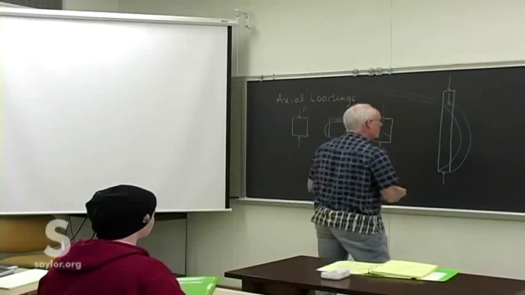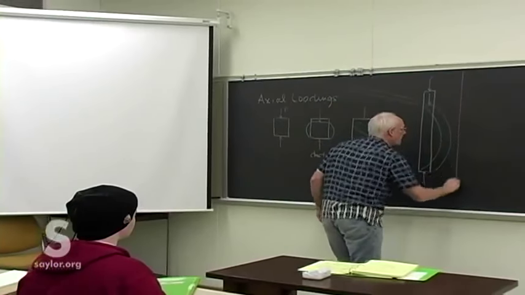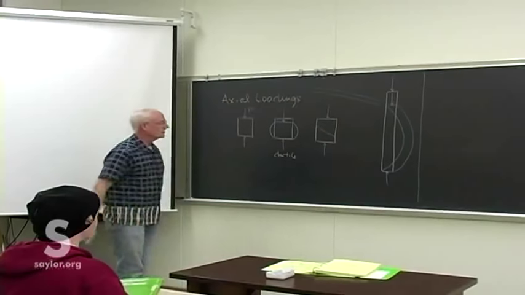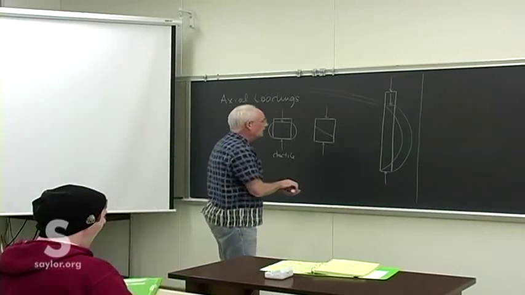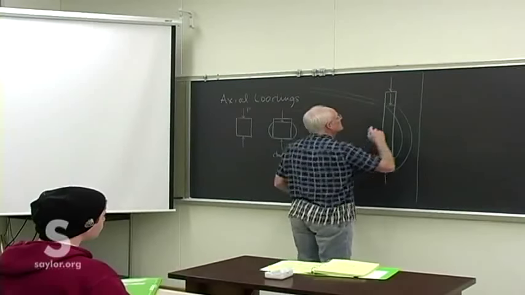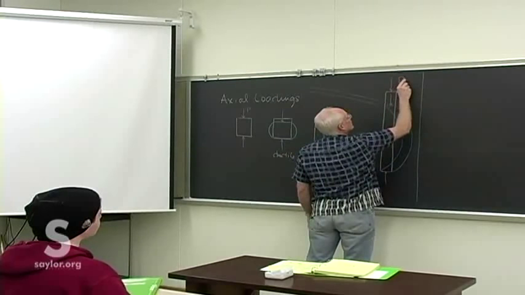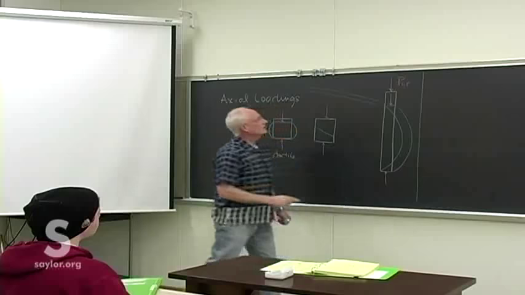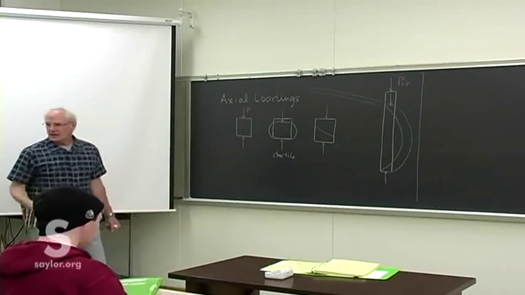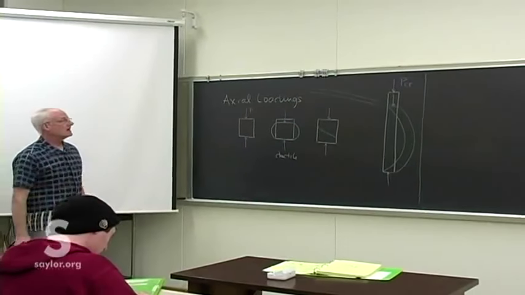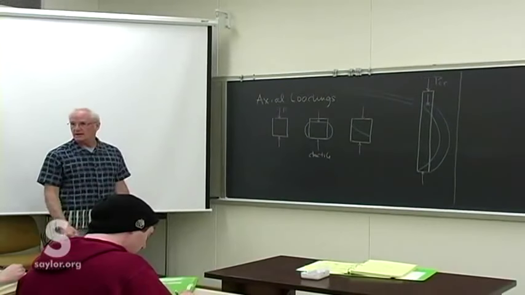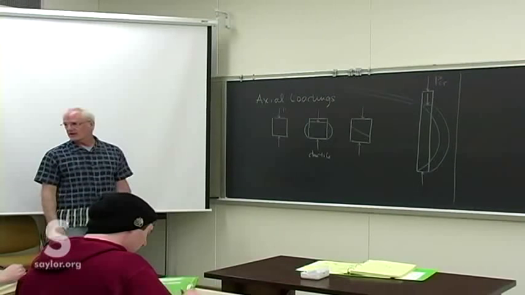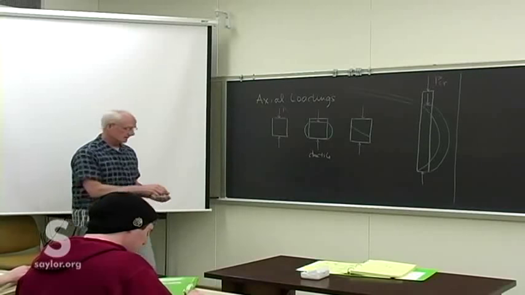So we're going to look now at loading and possible failures of columns. Our target of concern is going to be what we'll term this critical load, where that's the greatest possible load we can put on and not go into failure, however that might be defined.